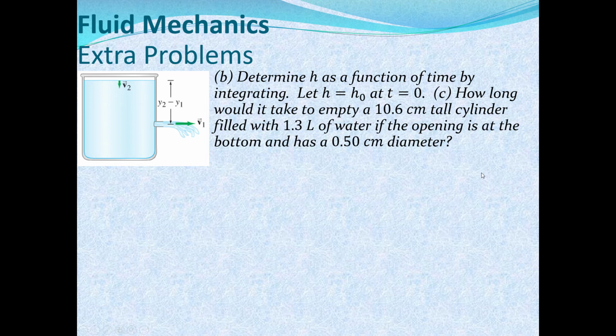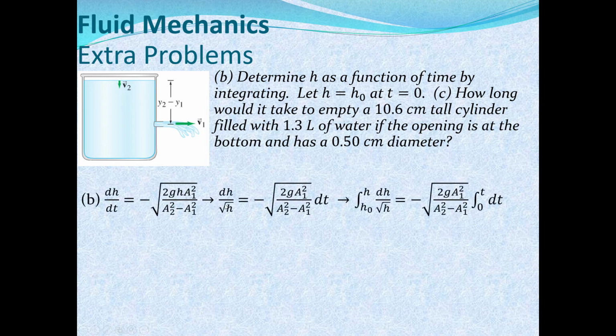All right. So in the first part, integrating is pretty self-explanatory. What we have is this term. What we need to do is get this h term over to here, and then we can throw the dt over to here. The nice thing is that there are no other terms besides this single h. So we're going to integrate both sides.